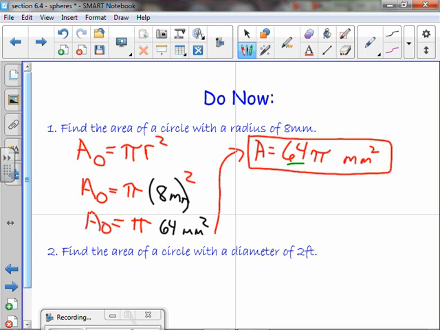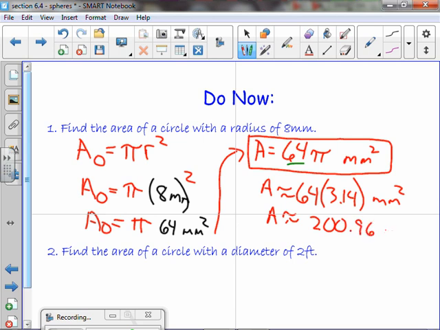That is my perfect area, but it doesn't actually ask me to do it in terms of pi, but I will ask you right now, give me this answer to the nearest tenth, and so what we'll do, we will say area is approximately equal to 64 times 3.14 millimeters squared. And when I use a calculator to do this, I get 64 times 3.14. I get that its area is approximately equal to 200.96 millimeters squared.